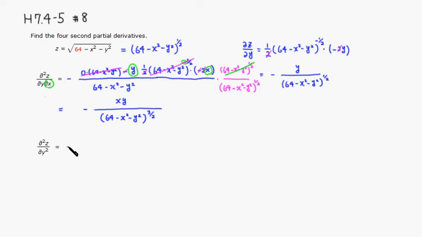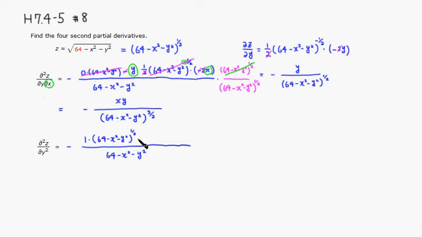So the negative sign is sitting here, right? Quotient rule, and square the bottom, so you're going to get 64 minus x squared minus y squared. Then the derivative of y is going to be 1, times the bottom, which is 64 minus x squared minus y squared to the 1/2 power.